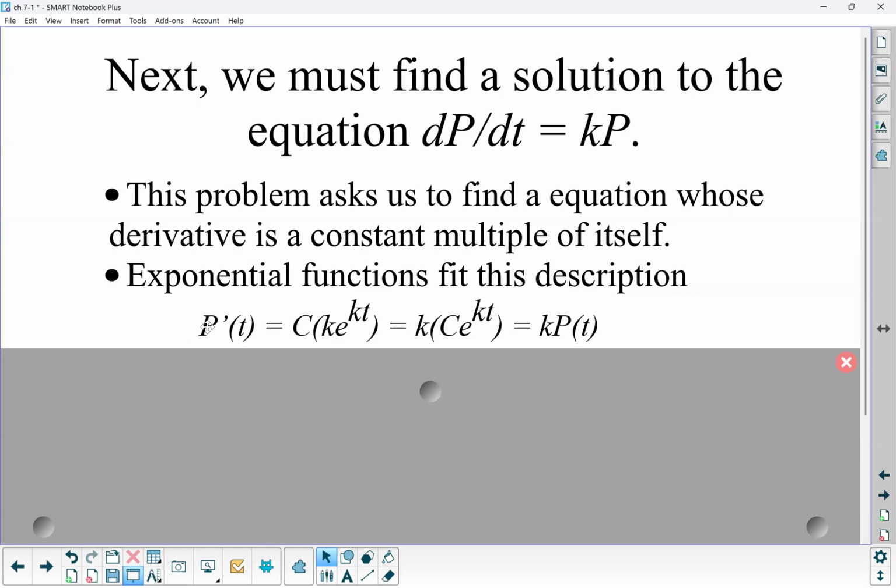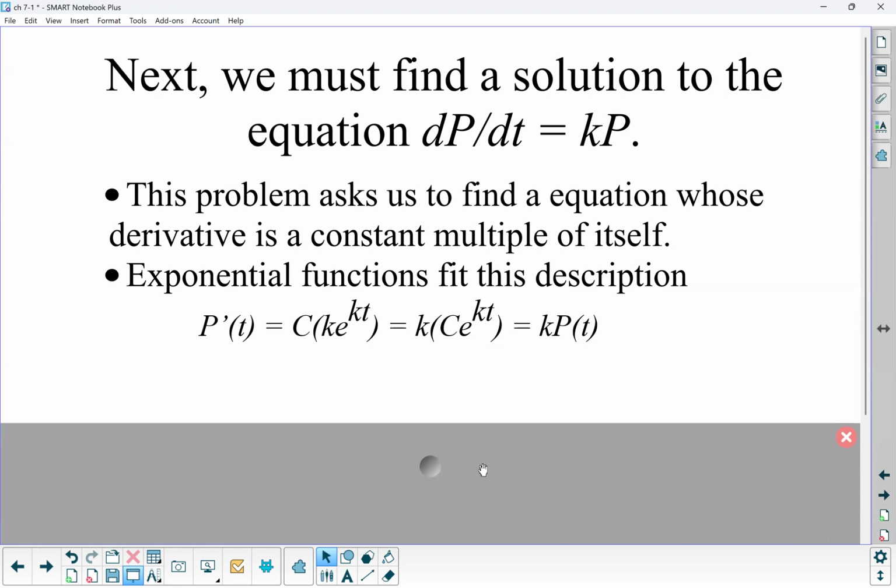So if p prime of t, or dp over dt, is equal to some constant times, in parentheses, ke to the kt, we can rewrite that as k times, in parentheses, ce to the kt, where ce to the kt is actually equal to p of t.